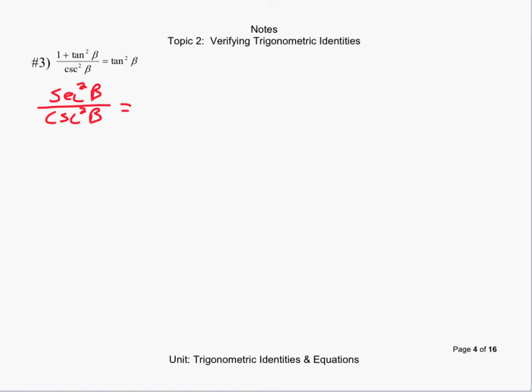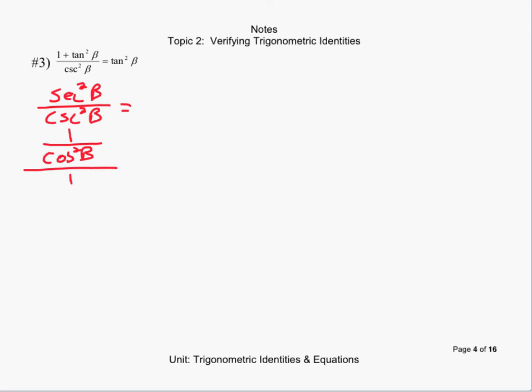What's the only advice I gave you yesterday and the day before? Katie? Okay. So we can change secant squared of b into 1 over cosine squared of b. Sometimes you got to make it more complex to get it more simple.